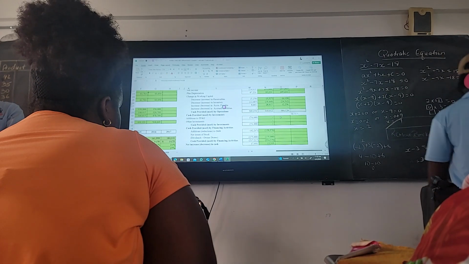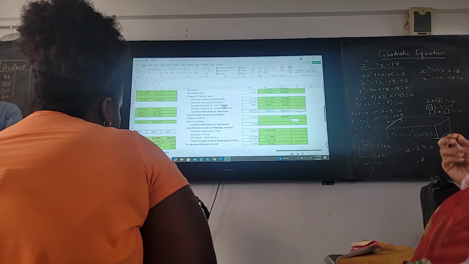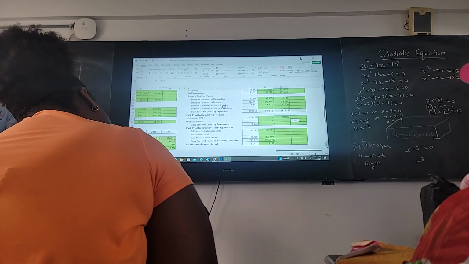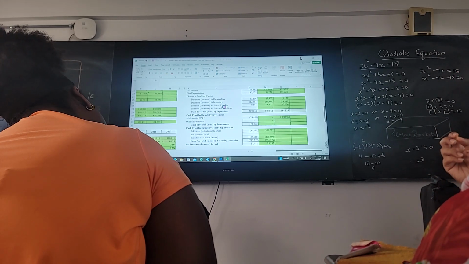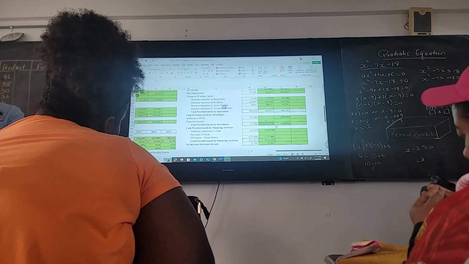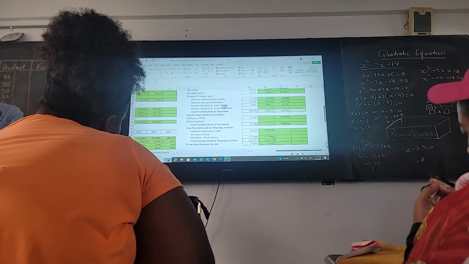Additions to property, plant, and equipment: 100,000, and that's a negative, because you're actually buying that, so that's a negative. I don't think we have any reductions in that. That should be 0.